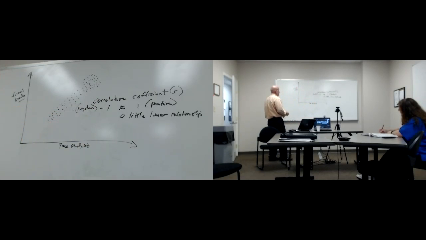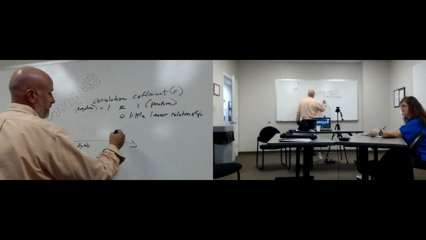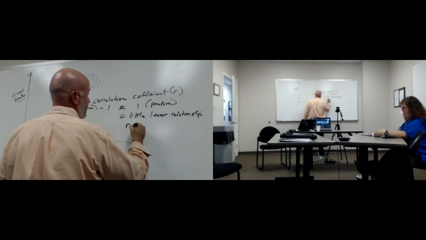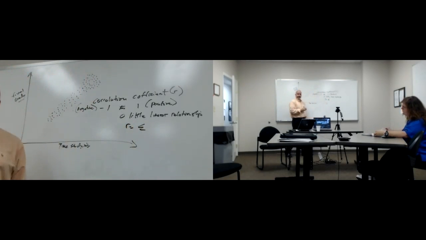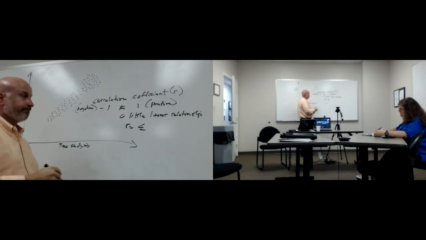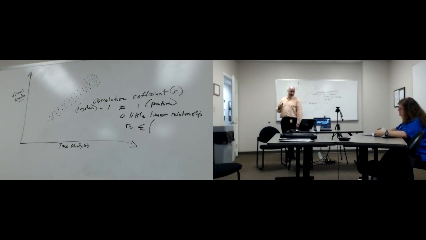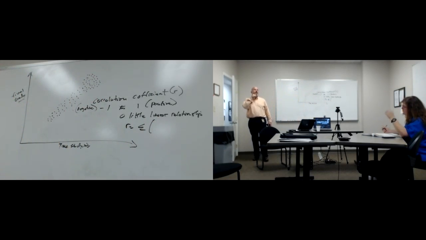Now, how are we going to compute this correlation coefficient? It's going to say that r is equal to the sum of what? X minus X bar. Define those to me.